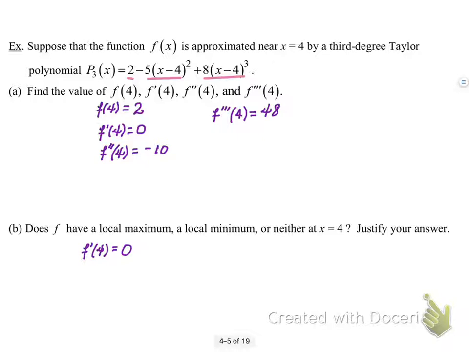And we know that the second derivative is negative. So if that is true, we have something that is concave down.